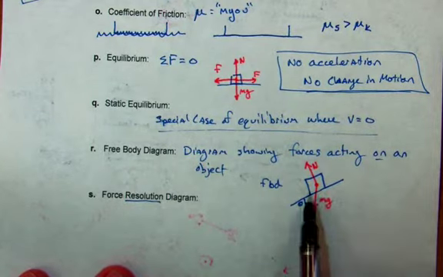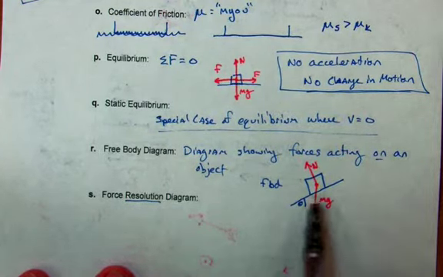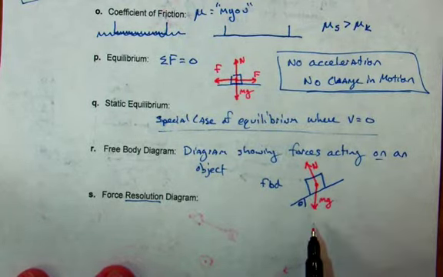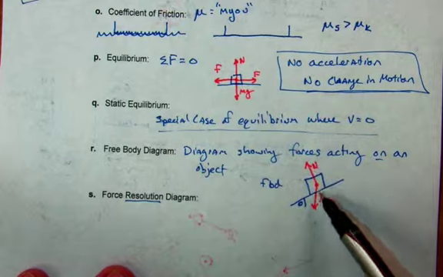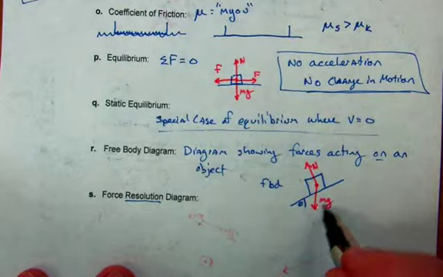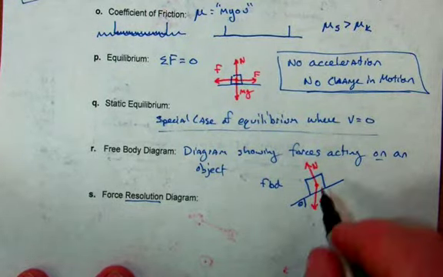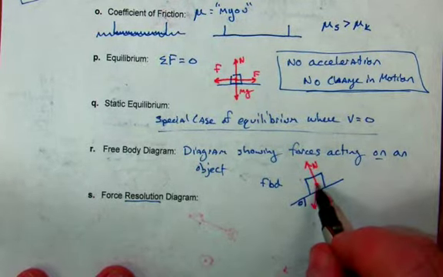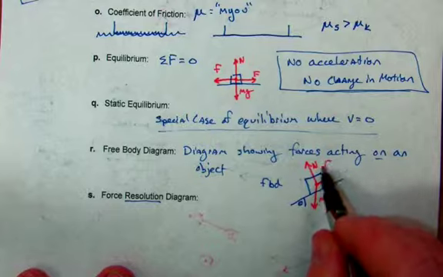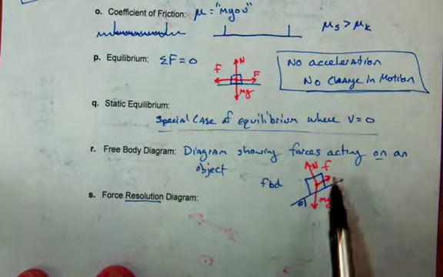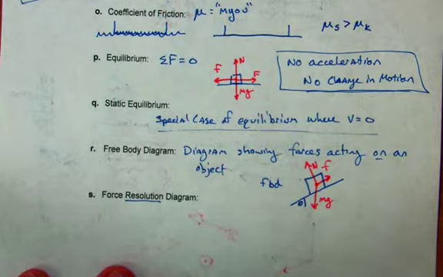And now, if I don't tell you any other information other than I say that this block is at rest, looking at this, I know there must be another force, because if these were the only forces, they don't cancel each other out because there's a component in this dimension up and down the ramp that's not being balanced out. So I'm going to go ahead and say that there's friction between the surface, and looking at the free body diagram, you can see there must be a force pointing up this direction to balance out part of the weight that goes along the ramp. So this is an example of a free body diagram.